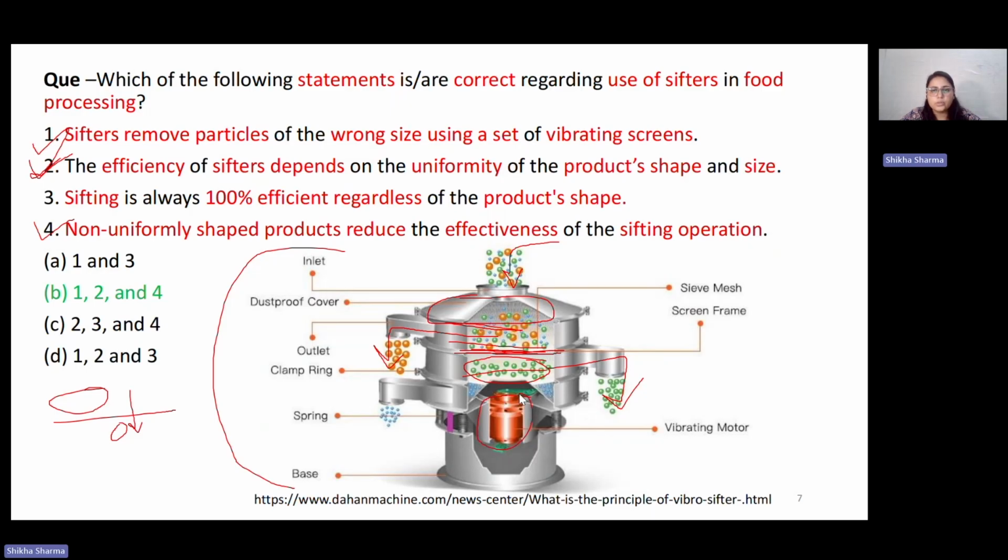This sieving process is always vibrating because of the motor. Because of this continuous vibration, the particles can be sieved easily and a little faster. Larger particles stay on top, and smaller particles come from the bottom of the sieve.